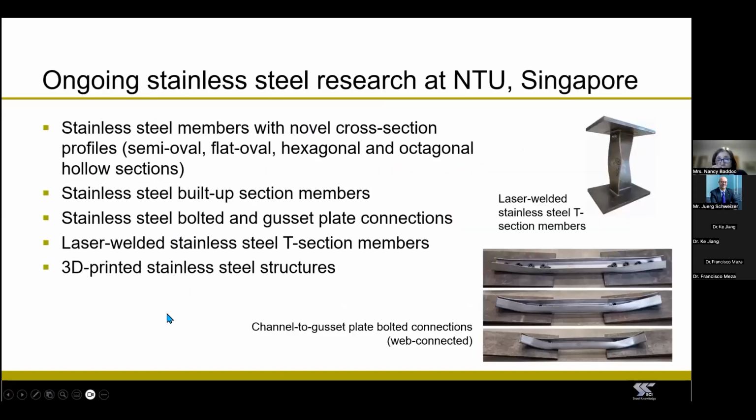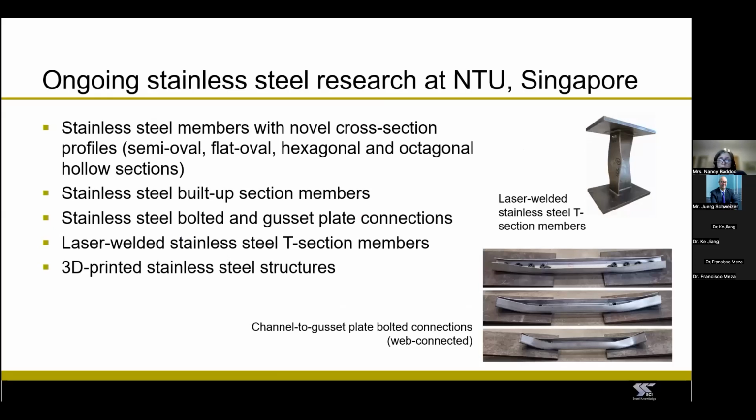Then moving to Singapore, there have been about 8 years, I reckon, of stainless steel structural research at NTU in Singapore, and currently the topics being looked at are novel cross sections, built-up members, and laser welded fabricated members.